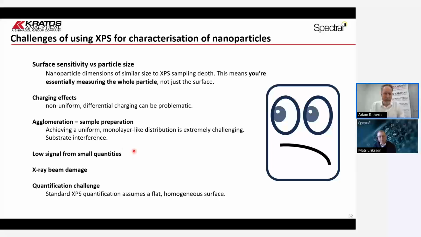There was a VAMAS study by the National Physical Laboratory looking at sample preparation prior to surface analysis, which gave some very interesting results and demonstrated just how variable and how important sample preparation can be. And then there are the challenges of X-ray beam damage and quantification. But I'll show you by example where XPS can be useful in analyzing nanomaterials.